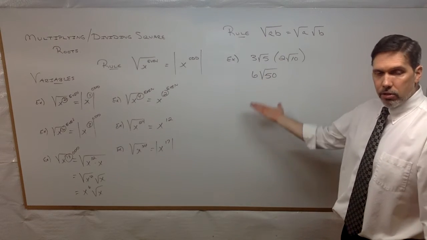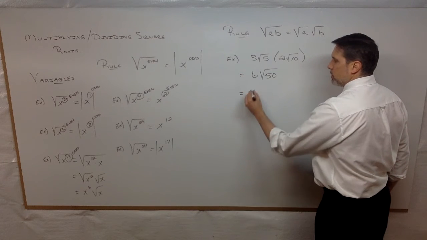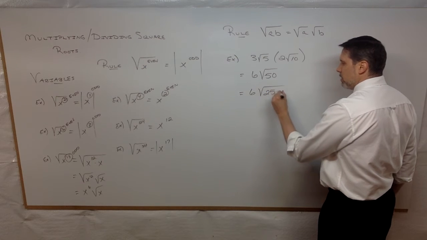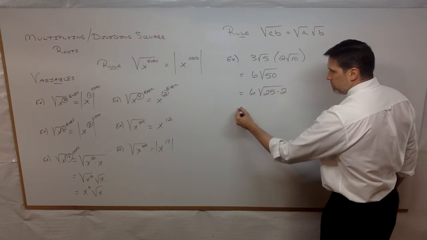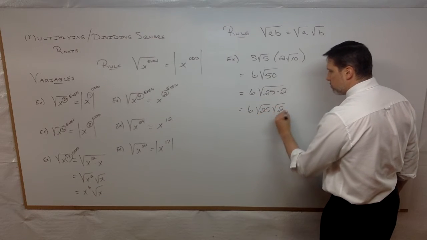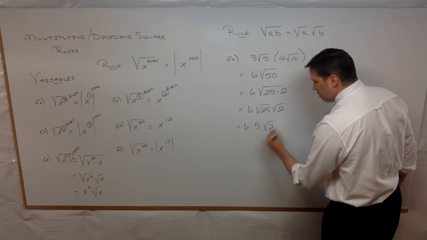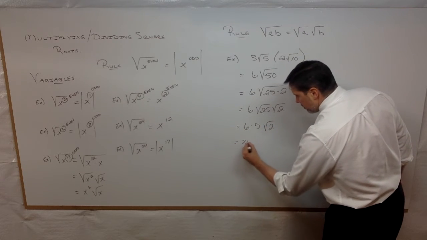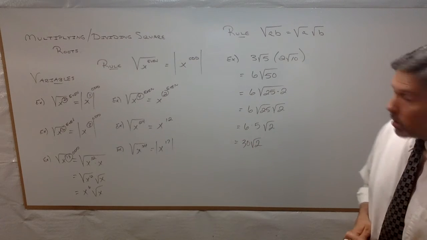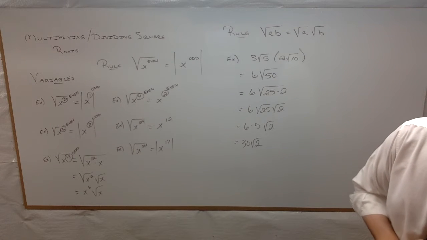Now, of course, you have to look at your final answer and ask, is that completely simplified? The answer is no, because what is the largest perfect square that divides into 50? That is 25. So 25 multiplied by 2, so we call this 6 square root 25, square root 2, or 6 times 5 times the square root of 2. So we get 30 square root of 2 for our final answer. So that's how we would handle a problem like that.